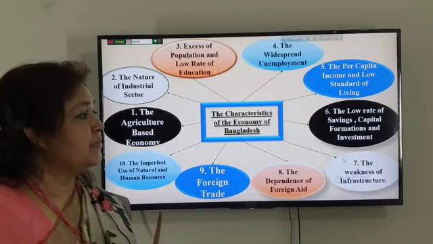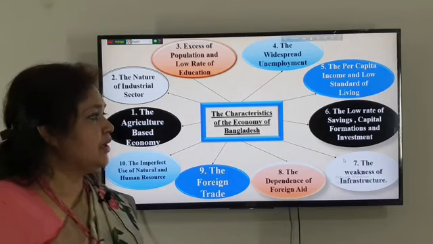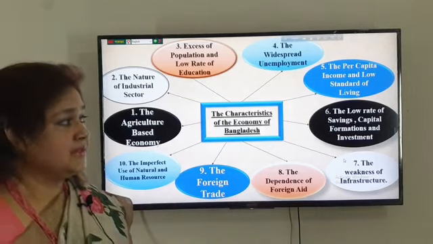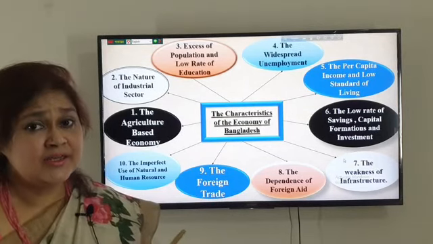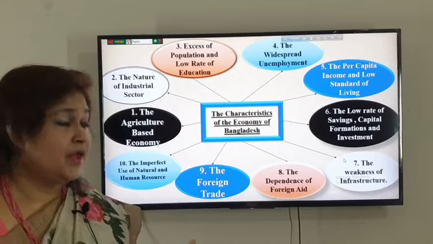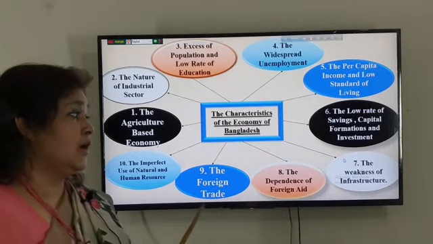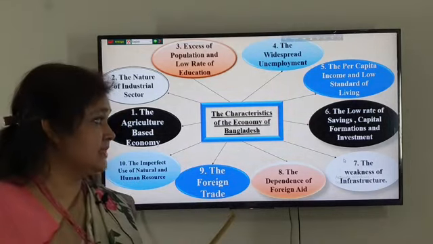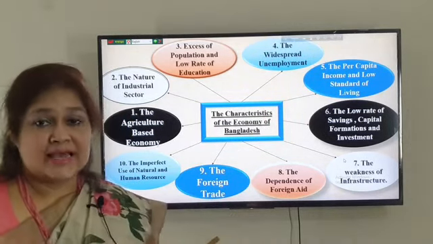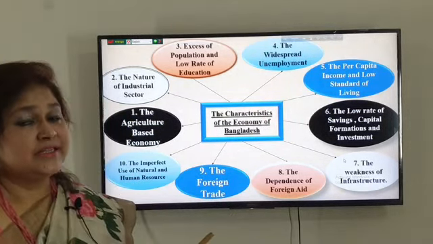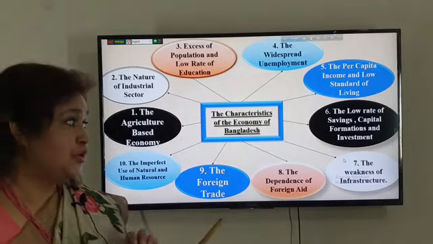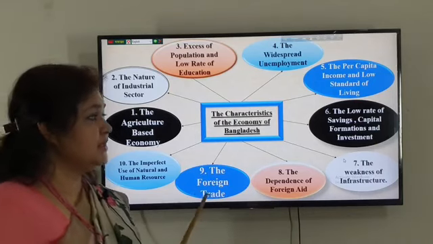I mean, Bangladesh is entangled within a circle of poverty, but the government has undertaken planned development programs to overcome this circle.